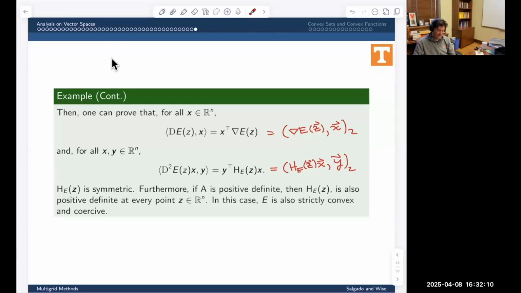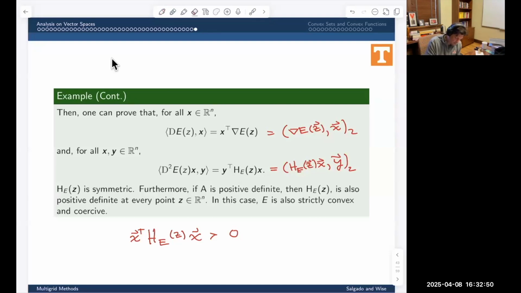Okay, so what does that say? What do we know about a strictly positive definite matrix? Well, one thing we can say is that if H_E(z) is strictly positive definite, then let's take x transpose H_E x. As long as x is not equal to 0, then this is positive.